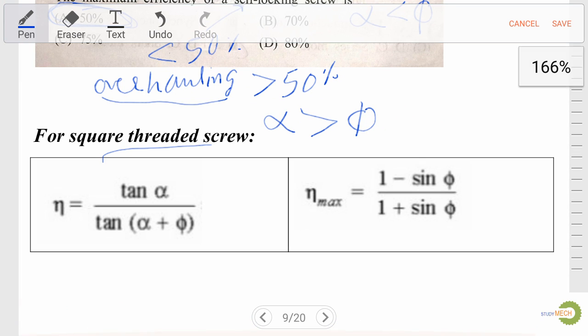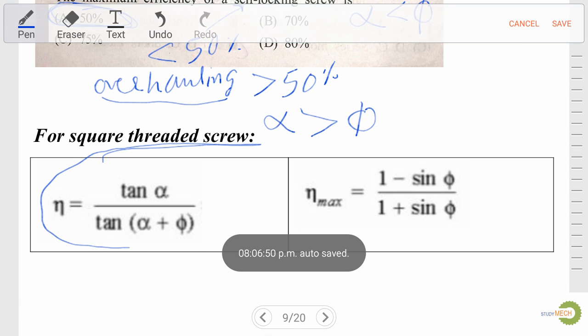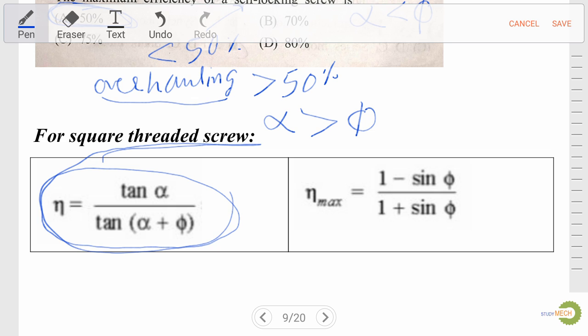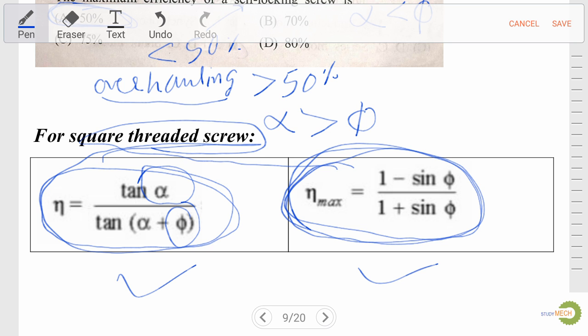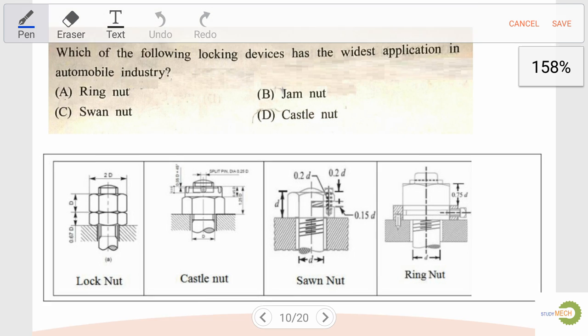Now for square threaded screw, remember the efficiency is tan alpha upon tan alpha plus phi. Now alpha is the helix angle and phi is the friction angle, and the maximum efficiency of square threaded screw is 1 minus sin phi upon 1 plus sin phi. So remember this equation. Now let's move to the next question.